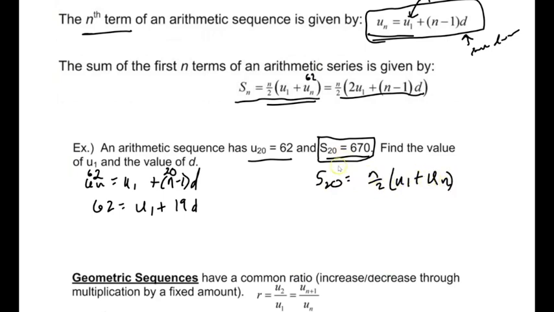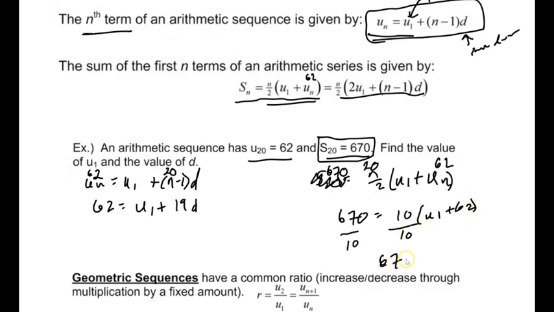I know this is 670. That's what they tell me, 670. N is 20, so this is 20. And I actually have un this time. Right here they tell me u20 is 62, this is 62. This is 670 equals 10 times u1 plus 62. That's just mathematics, divide by 10. 67 equals u1 plus 62. Subtract 62, u1 equals 5.